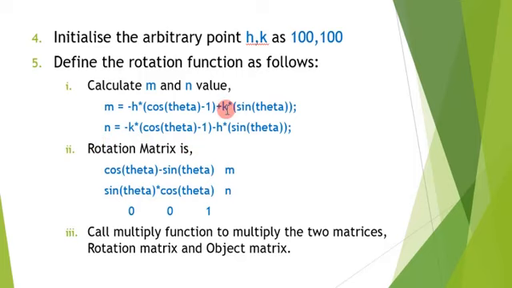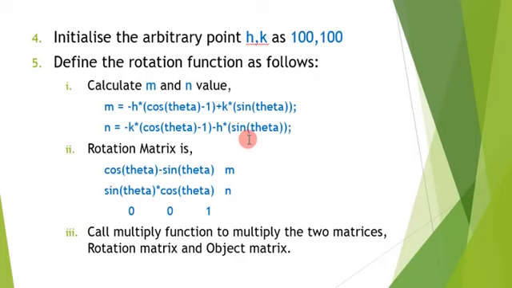Okay, then the rotated triangle's y-axis is equal to the original y, that is the negative value of the original y-axis, multiplied by cos theta, minus the x-axis of the original multiplied by sin theta, of the original triangle that we are going to rotate.